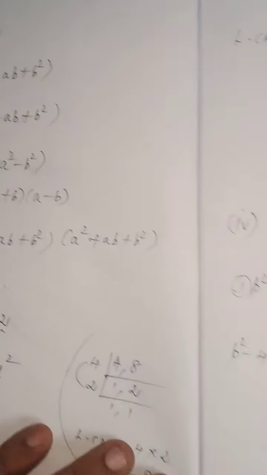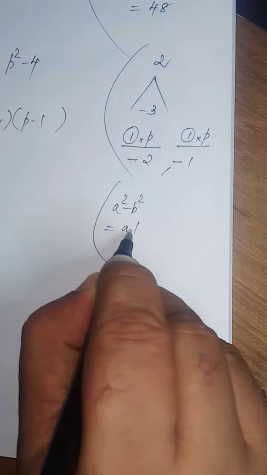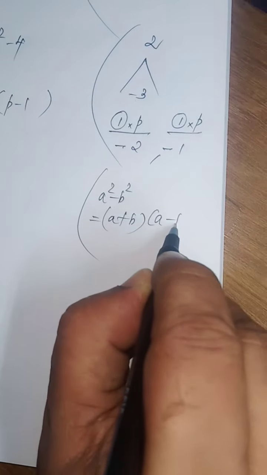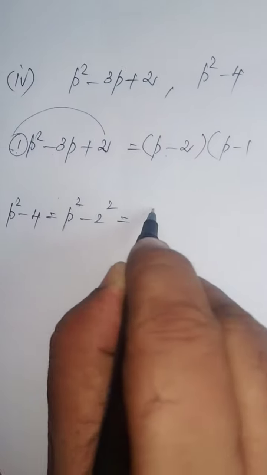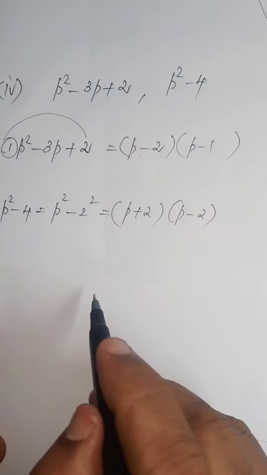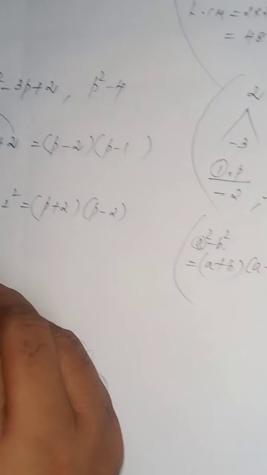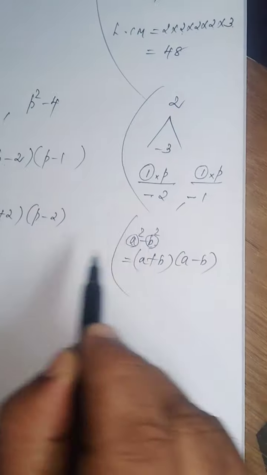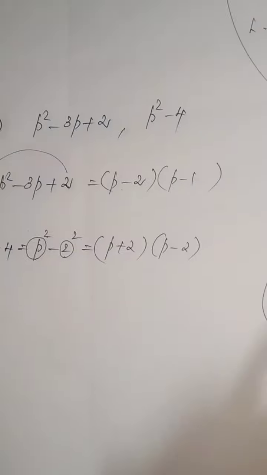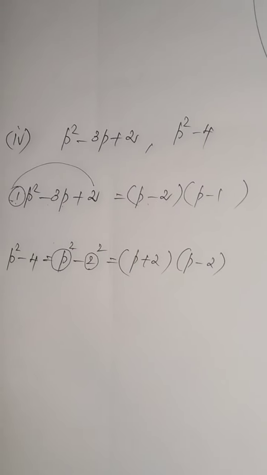I write this identity for your reference. A squared minus b squared is equal to a plus b into a minus b. Instead of a, what is here? P. Instead of b, what is here? 2. So that is equal to p plus 2 into p minus 2, correct?